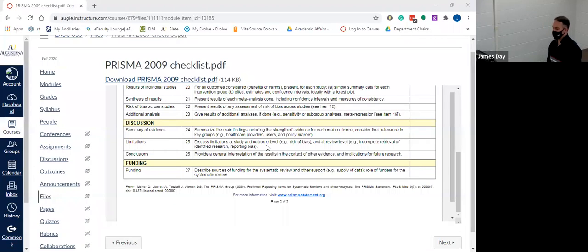Or it could be much more complicated. Let's say that you're really interested in decreasing injury rates, but you weren't able to find any research specifically on injury rates. So instead, you had to broaden it to differences in strength and range of motion, right?